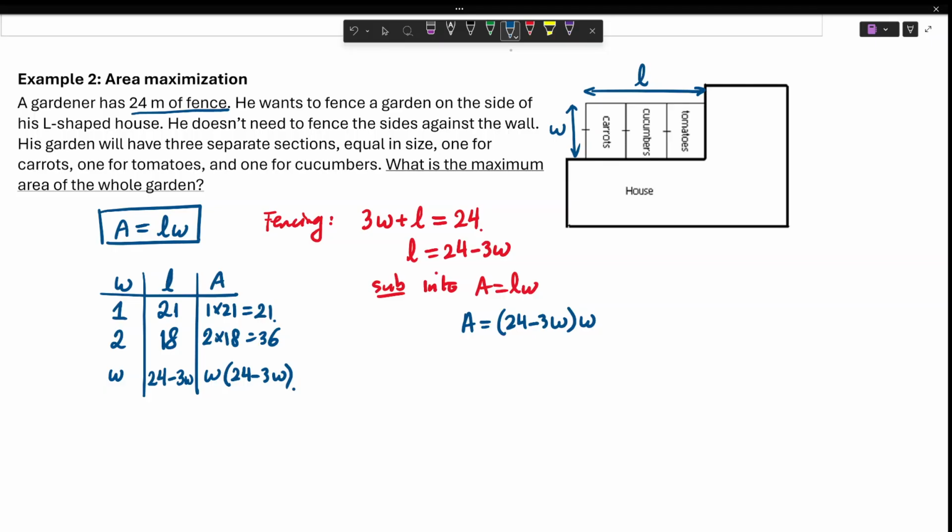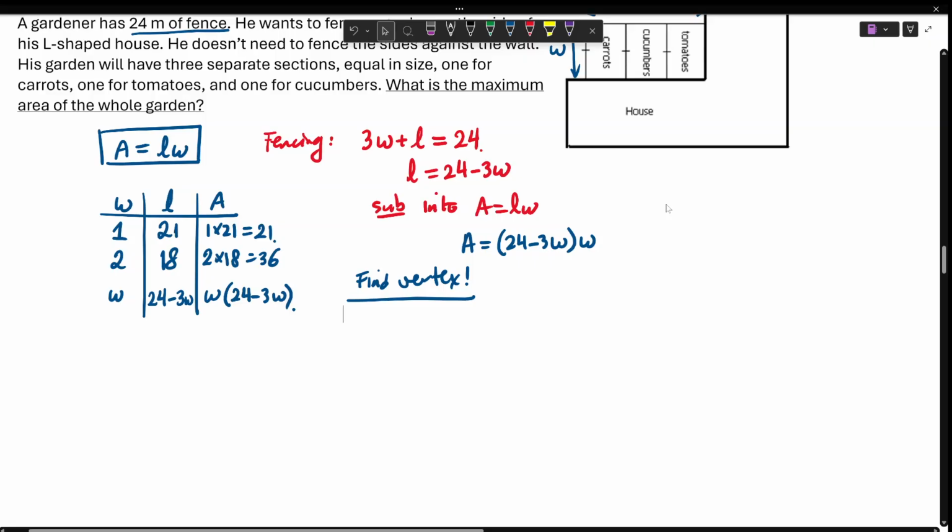Now you can see it's also quadratic. So when we're talking about the maximum area, we want to find the vertex. I'm going to show you two methods of finding the vertex. You should know both.